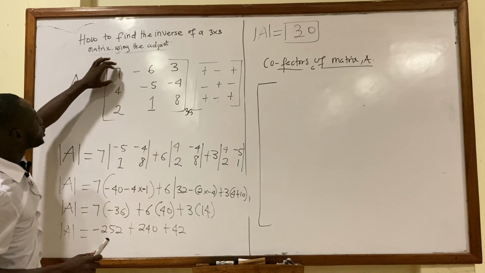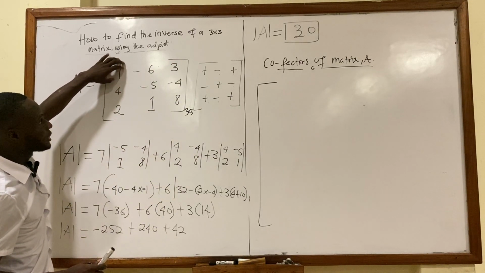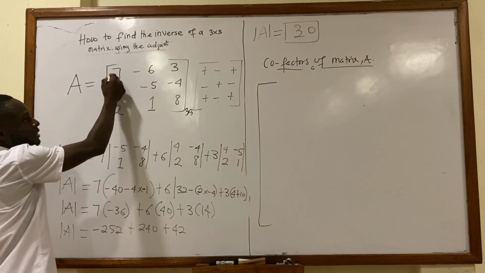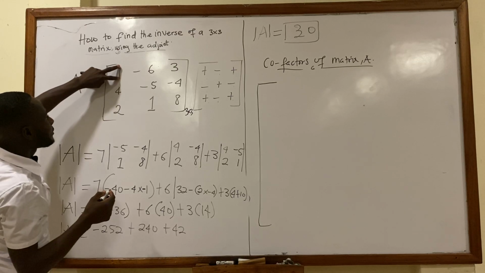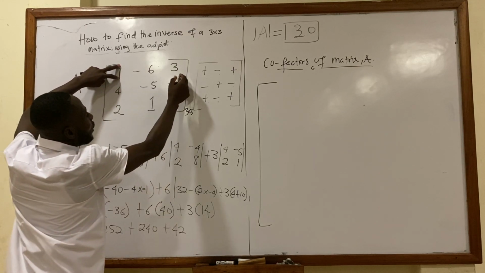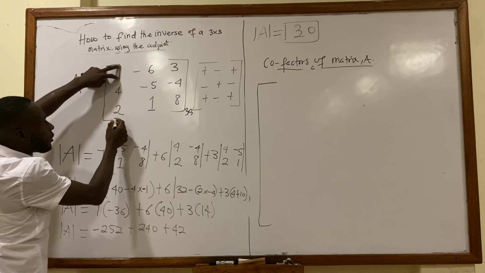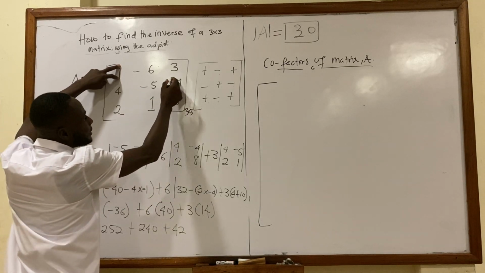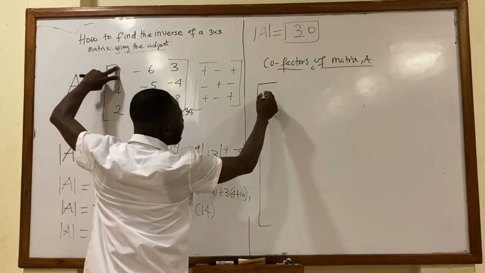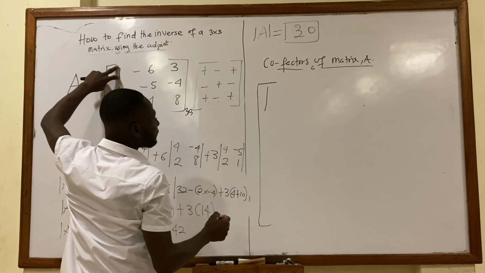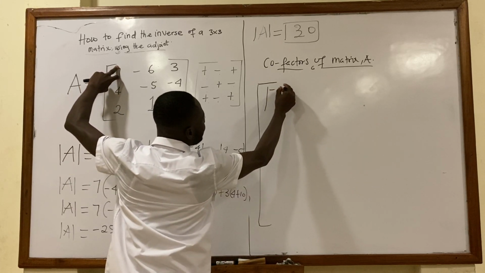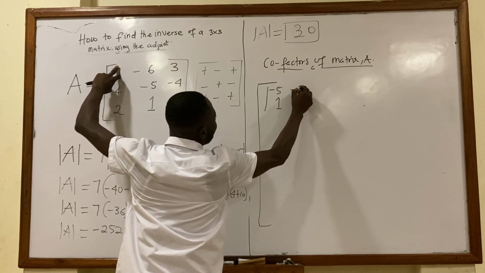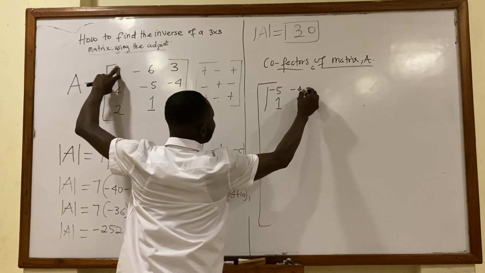So when you take the first element on the first row, which is 7, when you cover it, you cover whatever is on that row as well, and then you cover whatever is under the 7 as well. Then we have these elements left. So our first 2 by 2 matrix formed is minus 5, 1, minus 4, and 8.